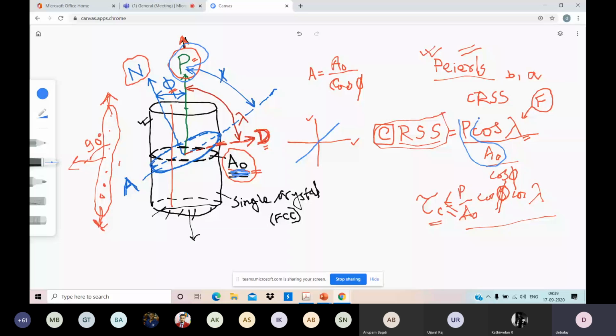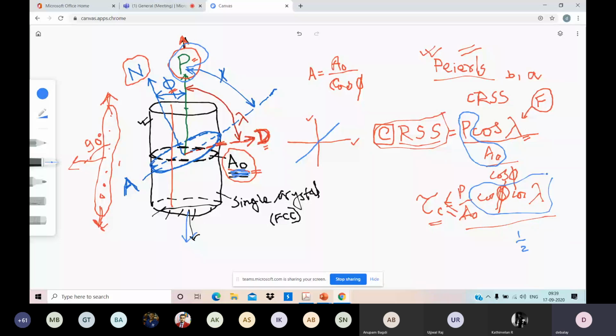If you take 45 degrees, both phi 45 degrees and lambda 45 degrees, that is the best condition, because 1 by root 2 times 1 by root 2 gives a value of half. So what does cos phi cos lambda decide?